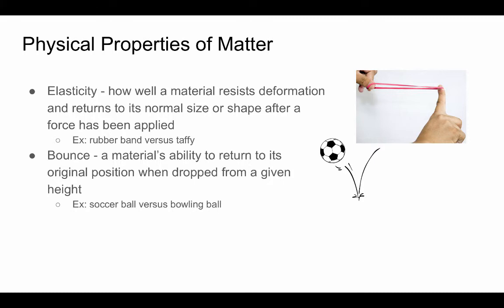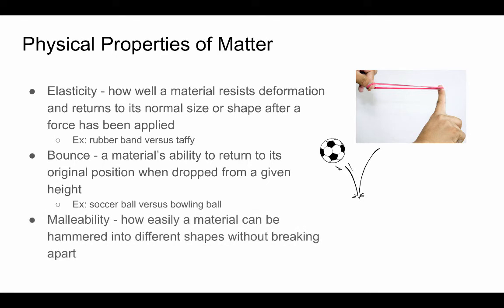When it's thrown against the ground, it'll come back up pretty high when compared to a bowling ball. If you think about a bowling ball, it might bounce a little bit, but it pretty much just goes thud on the ground. So it doesn't have a whole lot of bounce.